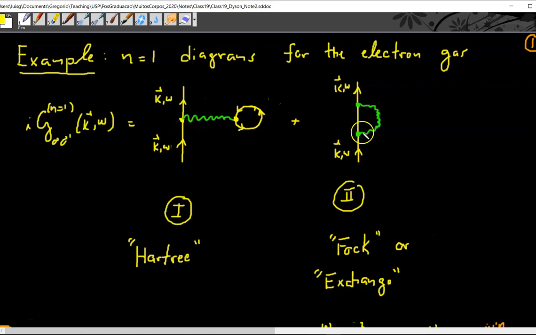So you can even assign some dummy variable here and here, and then you figure out which one is which by doing the conservation of momentum. But in this case, this is clear, right? If in this vertex I have k coming in, I have k coming out, so the momentum of this line has to be 0, right? So this is 0 momentum. And this is also 0 frequency.